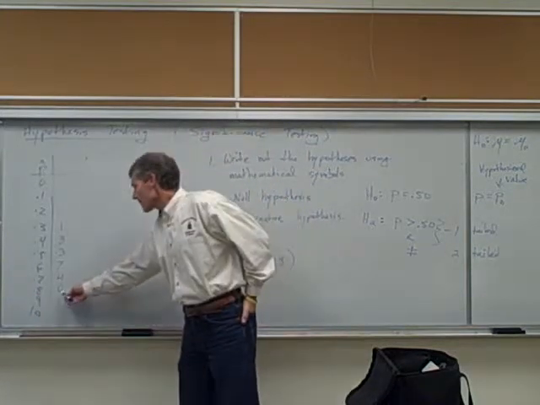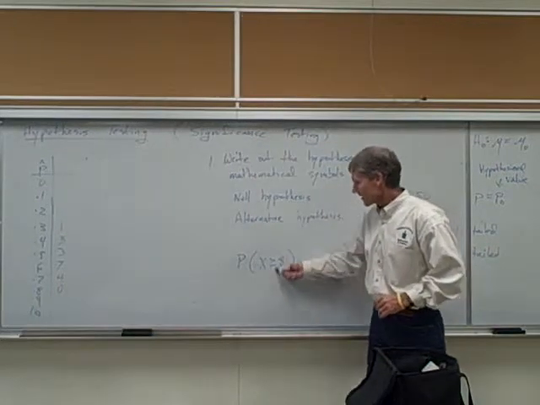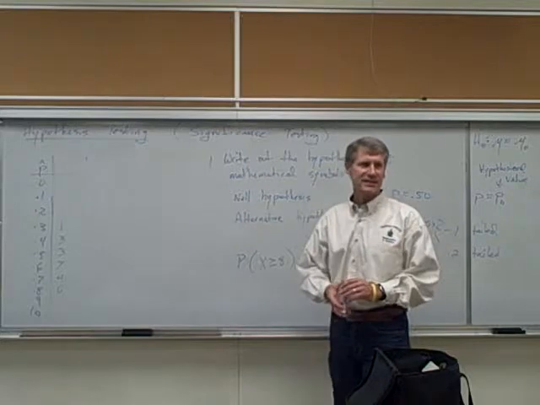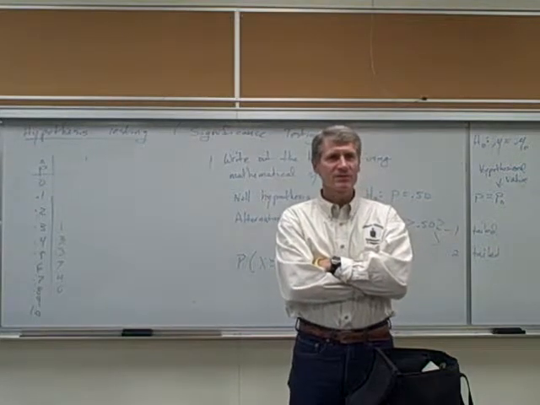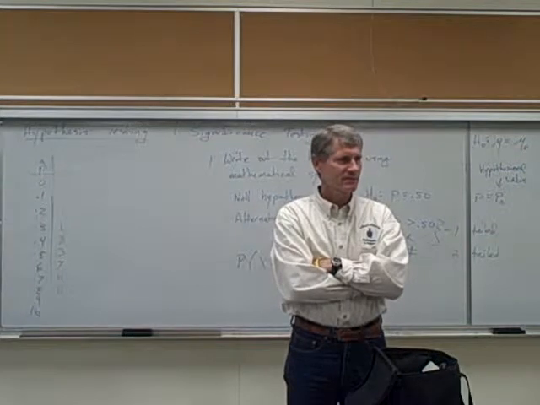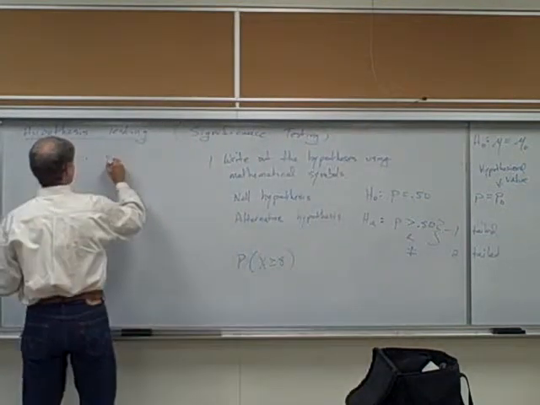Right? But where did we get this cutoff? How did we decide that 8 out of 10 would be sufficient evidence to reject the null hypothesis? Well, this comes down to something known as significance level.